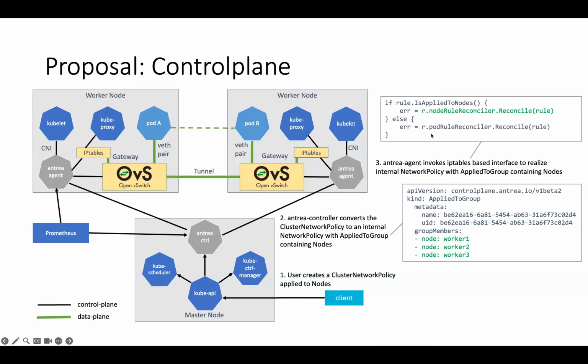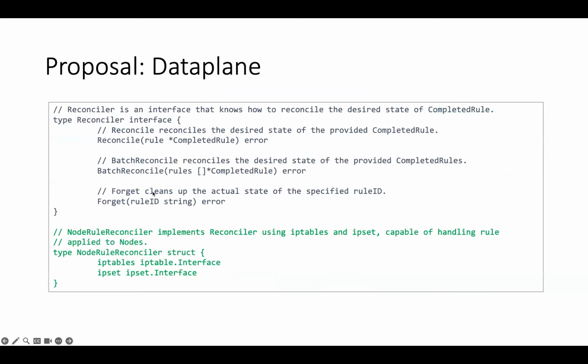And this pod rule reconciler is the existing one based on OpenFlow, designed for pod network policy.